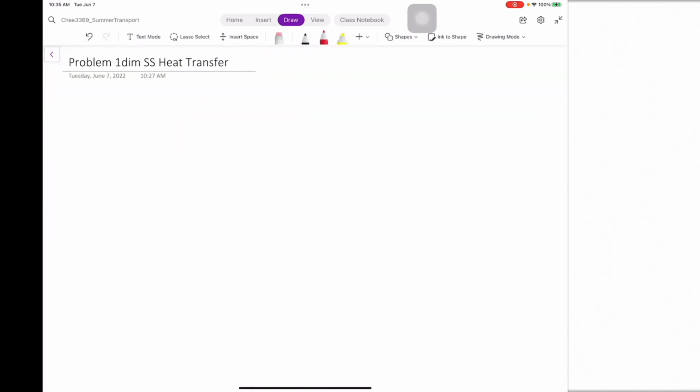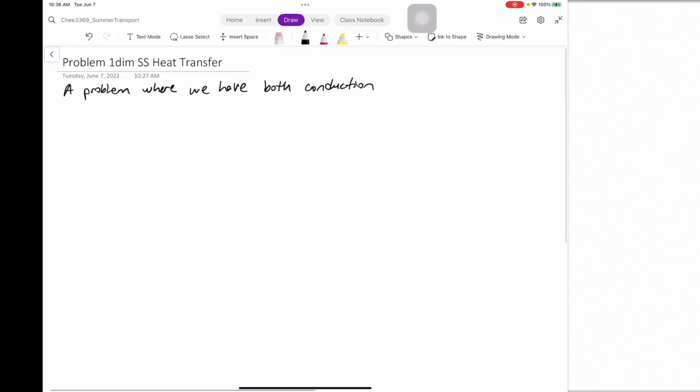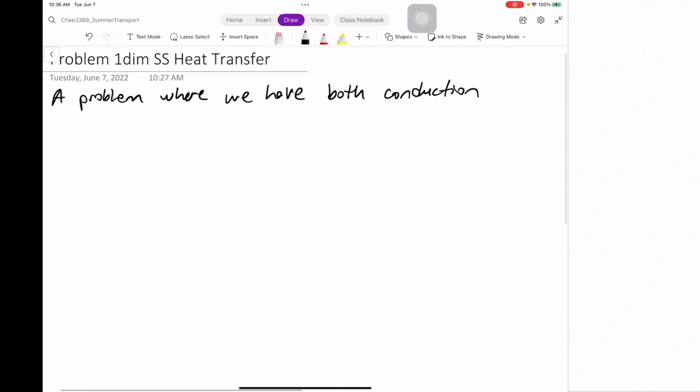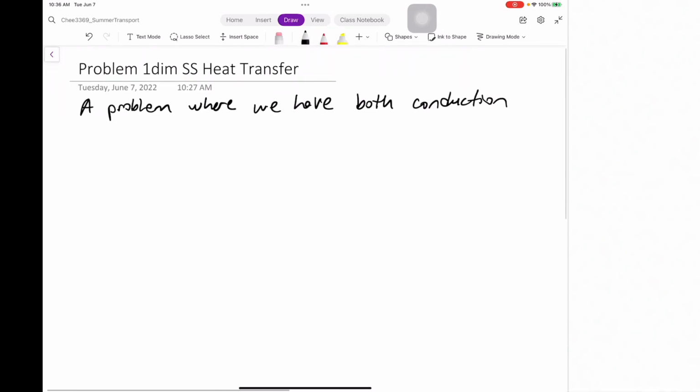Let's solve a one-dimensional steady-state heat transfer problem where we combine both heat convection and heat conduction. A problem where we have both conduction and convection.